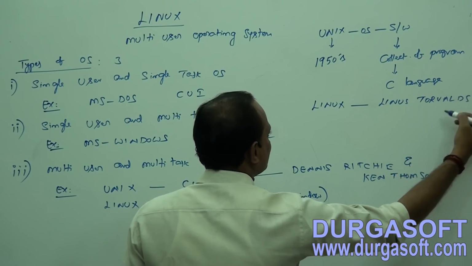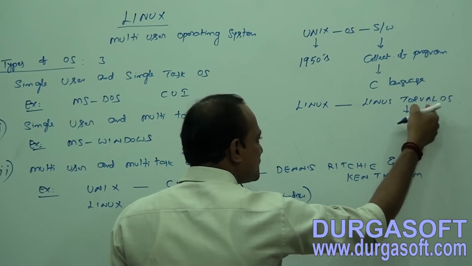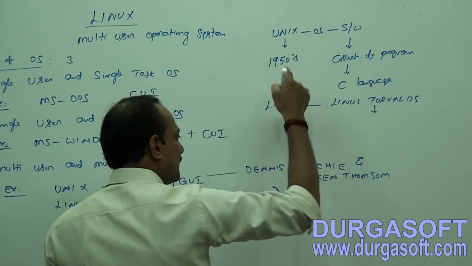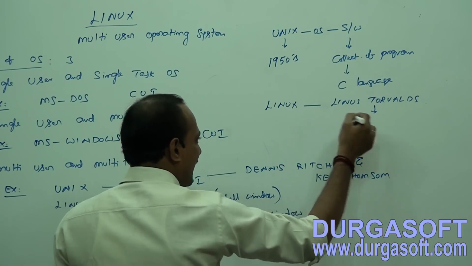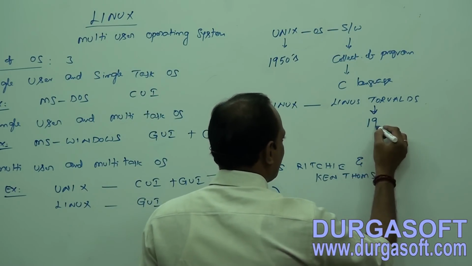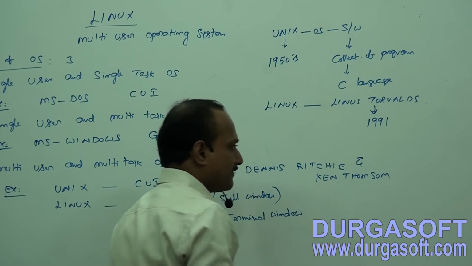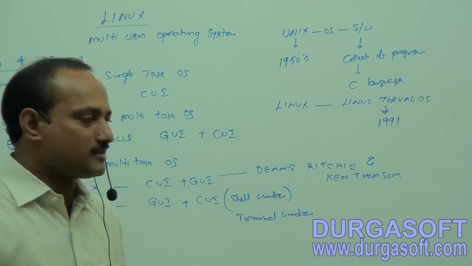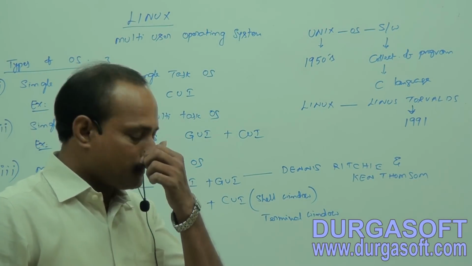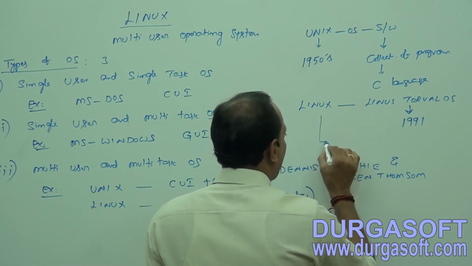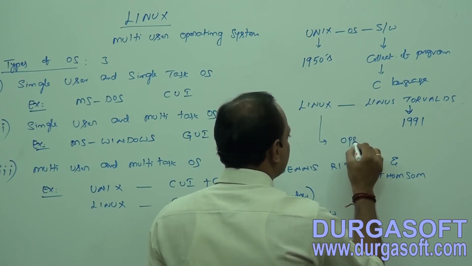He is a research student on the Unix operating system. From this, Linux has been developed, and Linux is completely open source code software. In the year 1991, Linus Torvalds developed the Linux operating system. And it is purely open source code software.